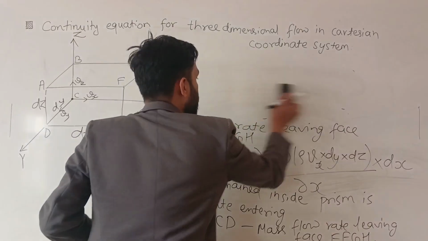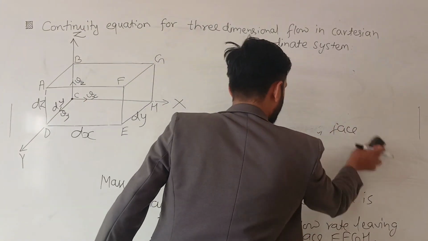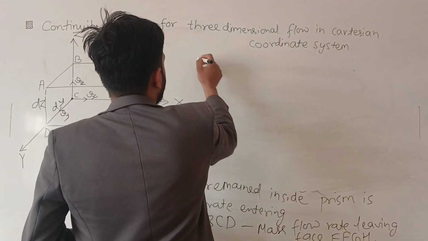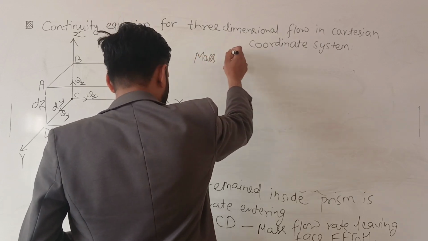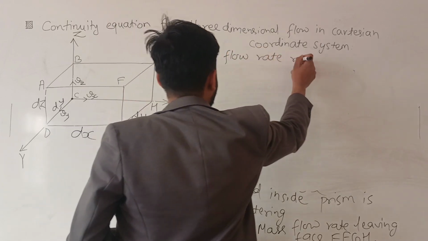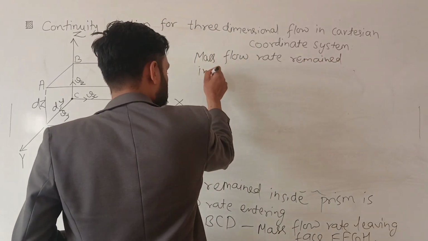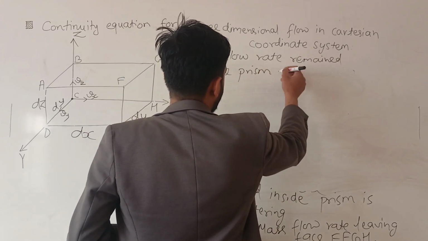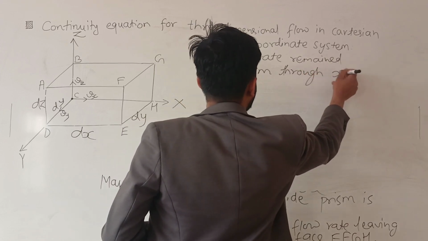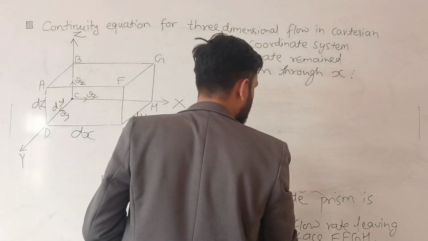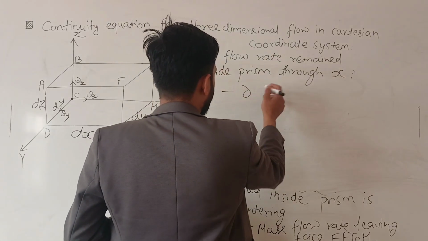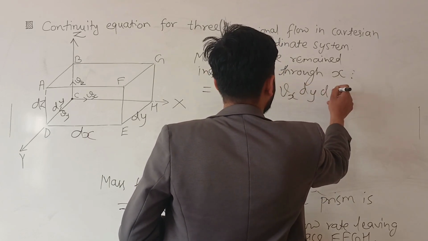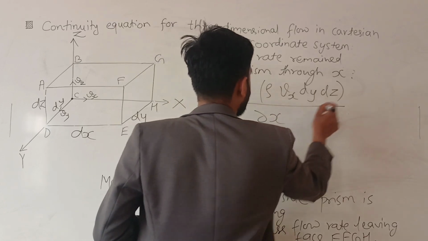Okay, so now I am going to erase this. If you subtract that, you are going to get the mass flow rate remained inside the prism through the x direction, which is minus del(rho Vx) dy dz by del x into dx.